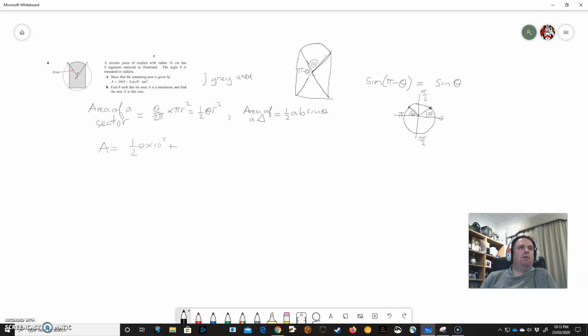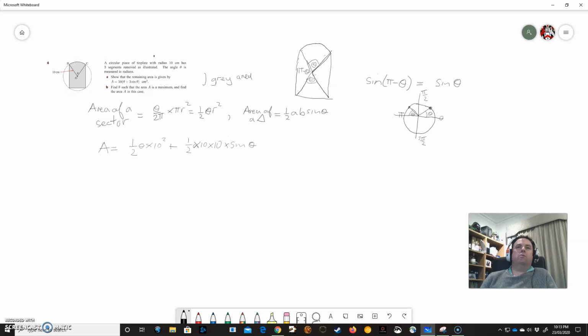And then the triangles. This angle here is obviously just theta, so that bottom one would be half times 10 times 10, because a and b are both 10, so half a b sine theta.